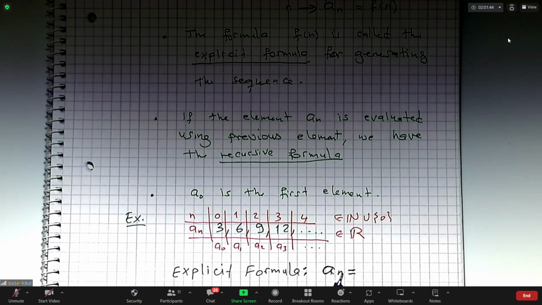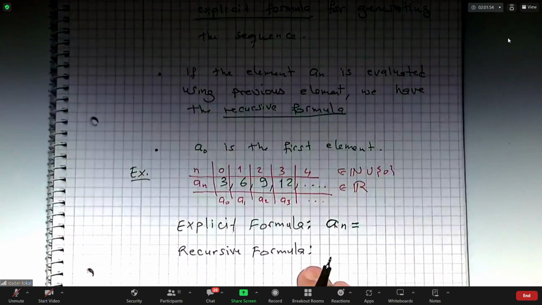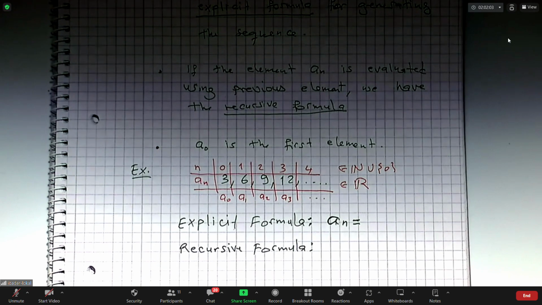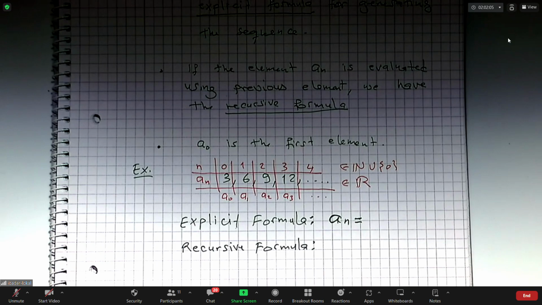So let's start with the explicit formula. Do you have any suggestions? What can we do here? We can't see the example. Now you can see it. Okay, you can see the example, then give me a suggestion here. How would you give this general term here?